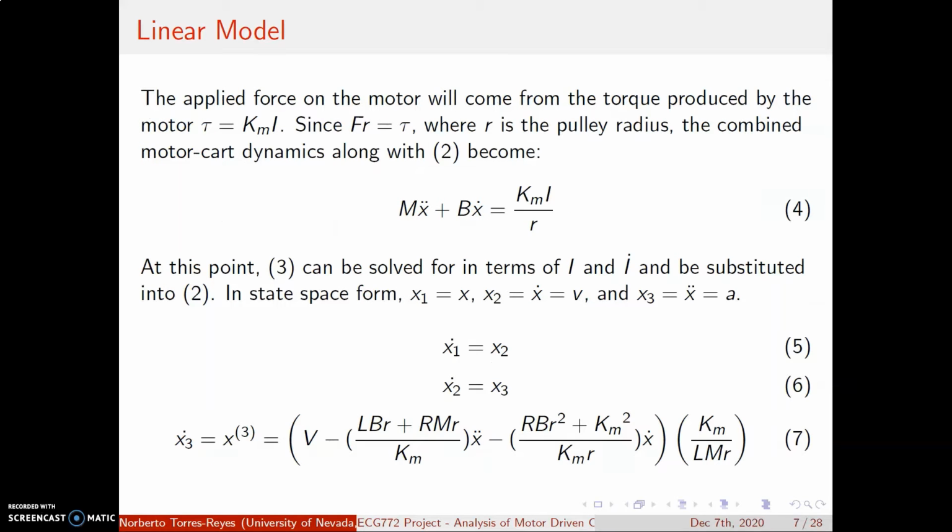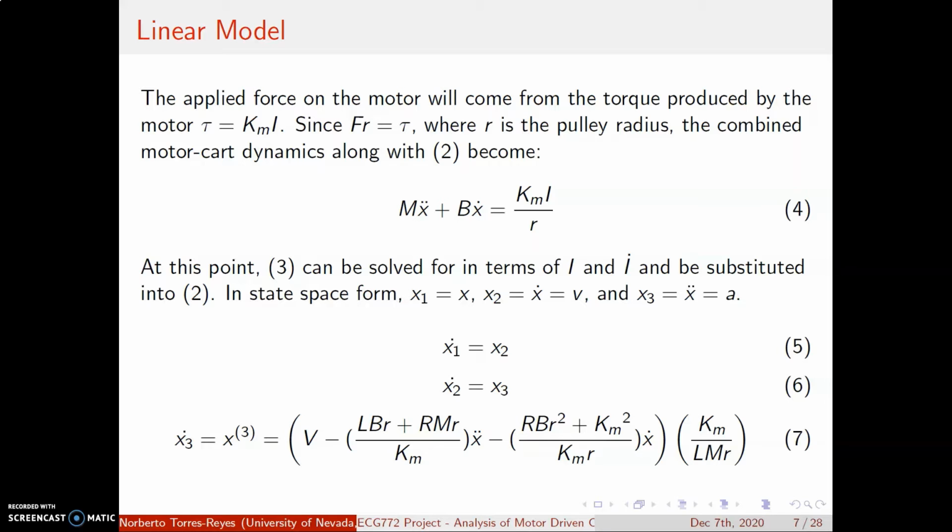The applied force on the cart will come from the torque produced by the motor. Tau equals Km i. Since F times r equals torque, where r is the pulley radius, the combined motor cart dynamics along with equation 2 become m x double dot plus b x dot equals Km i over r. At this point, equation 3 can be solved for in terms of i and i dot and substituted into equation 2.